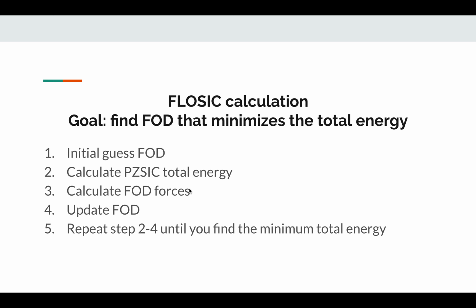FOD forces are the derivatives of the energy with respect to the FOD coordinates. And using the FOD forces, you can propose a new set of FODs. And you repeat those steps until you find the best FOD positions or the minimum total energies.